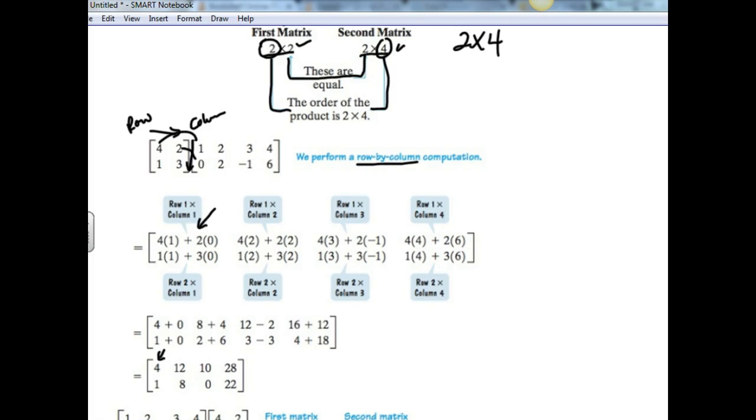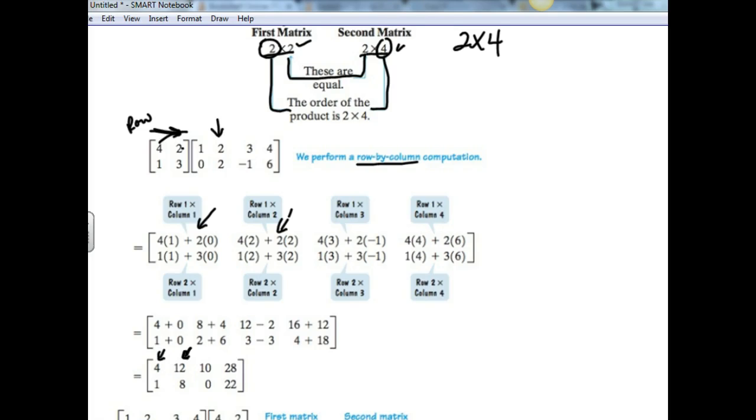Now, if I move to this one right here, the second space, where the 12 ends up being, that's actually row 1, column 2. So I'm going to multiply row 1 by column 2 this time.